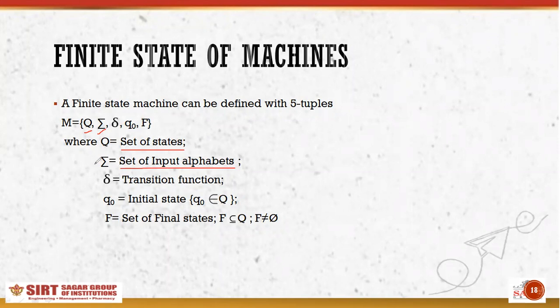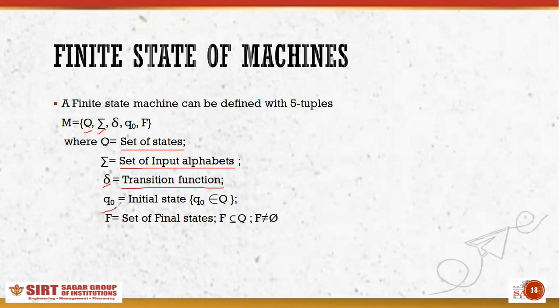Delta is the transition function. I'll discuss it in a few moments. For now, just understand the transition function tells us the pattern of transition in a machine from one state to another, that is, by following what function or pattern we move from one state to another.